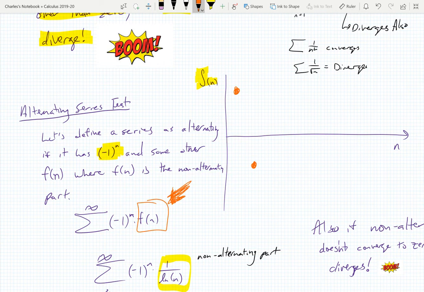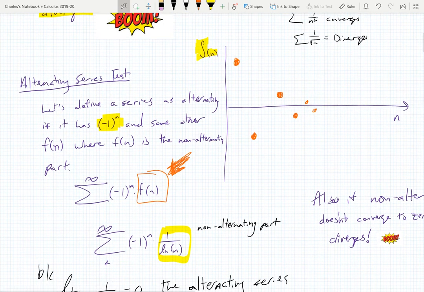And then my next estimate is going to be above that line, but a little bit less. And then my next estimate is going to be below that line, but a little bit closer. And you can see that this is converging because it's bouncing back and forth from positive to negative.